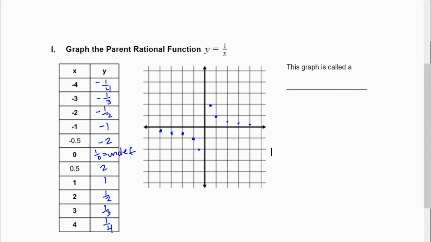So what this has created for us is a graph that actually has 2 branches. And I'm going to do my best here to draw them in. There's one branch. And here is the other branch. This graph is called a hyperbola.